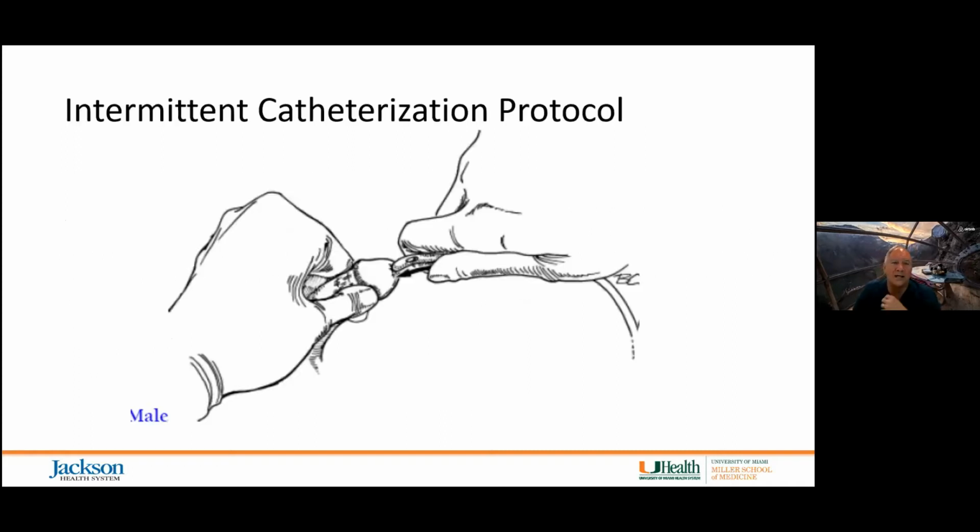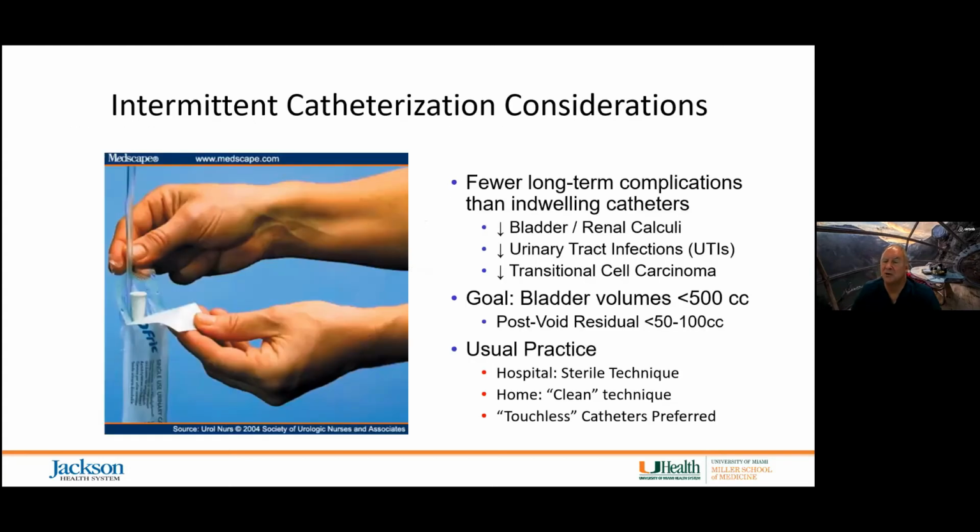So why intermittent catheterization? Ed McGuire at University of Michigan in the 70s promoted this as a much better way of managing the bladder than leaving in indwelling catheters and/or not managing at all. Up to that point, the 60s and 70s, we had a high incidence of folks dying with urinary tract infections, urosepsis, and upper tract dysfunction.